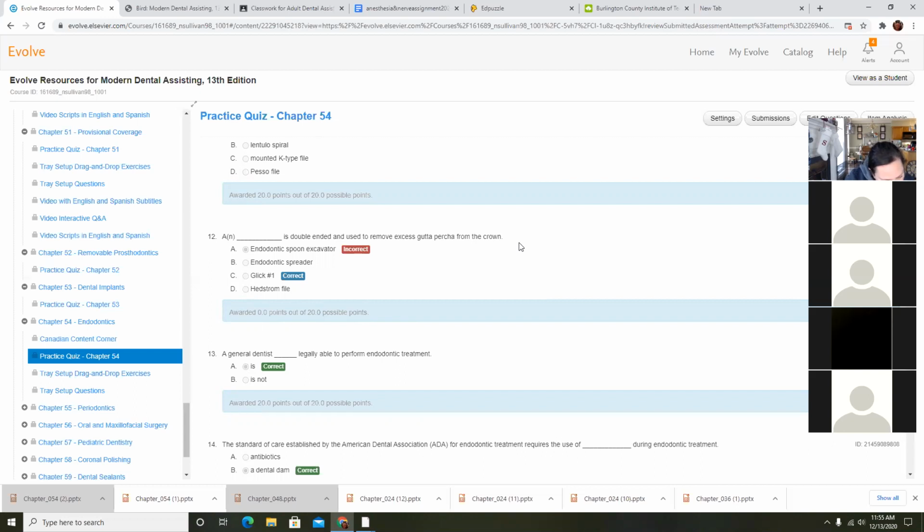Glick number 1, the paddle-shaped end of Glick number 1 is designed for placement of temporary restorations, and the rod plugger is ideal for removal of excess gutta percha. Okay, so the rod part is going to remove excess gutta percha, and the paddle side is going to place the temporary restoration. And what are 2 temporary restorations that are typically used in endo procedures?